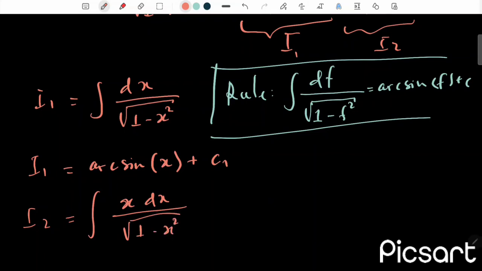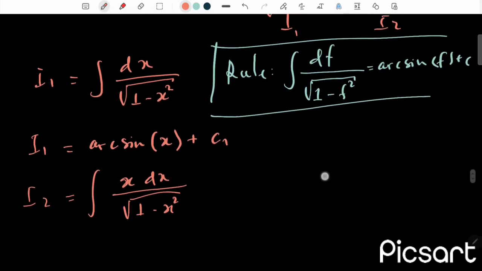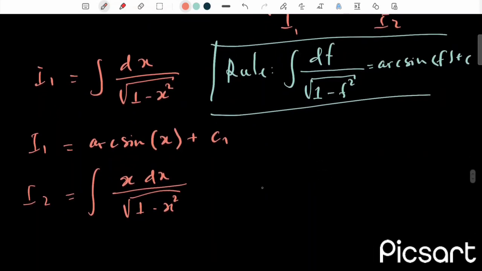Here we can observe that the numerator is associated with the derivative of the argument of this square root.